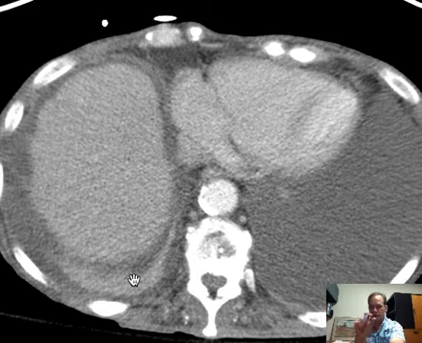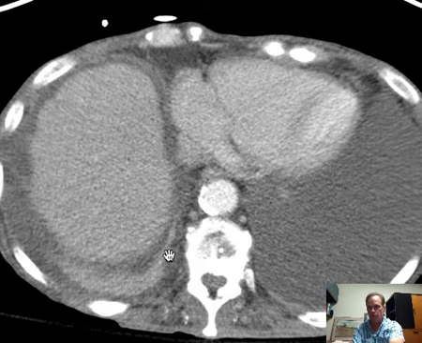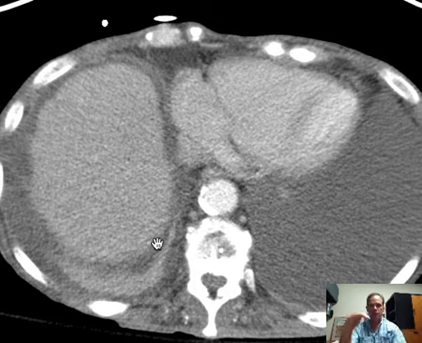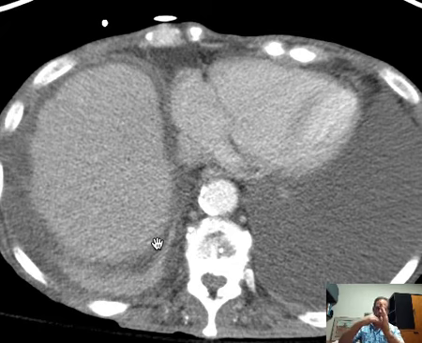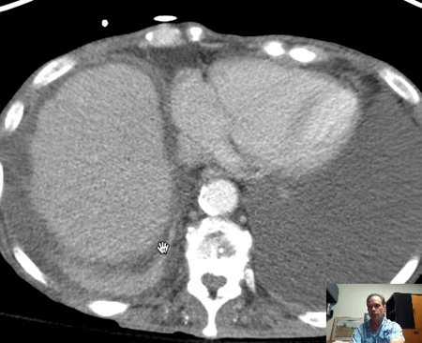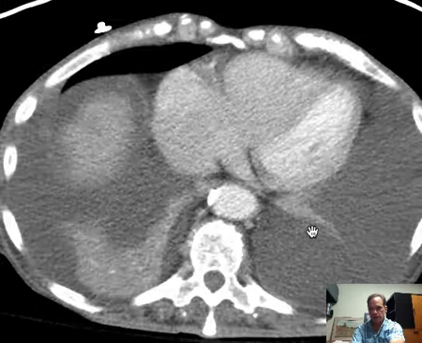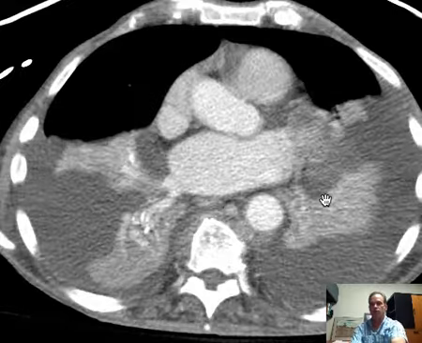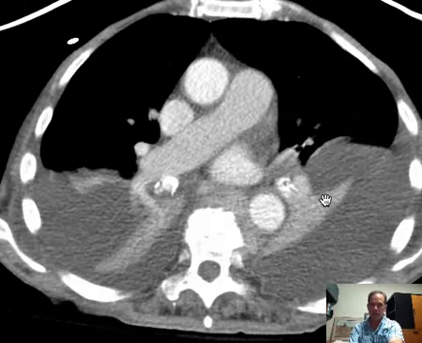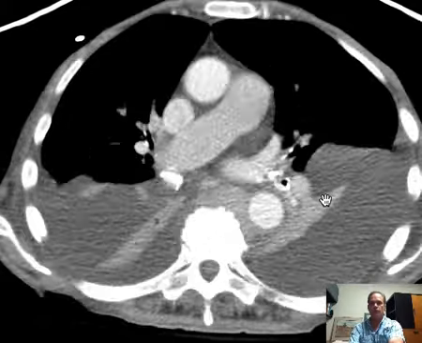Posterior costophrenic recess is that little curved, boundaried portion of the right hemithorax where the posterior part of the lung fits down in here. This side has more fluid, and so this lower lobe, on the left, is more fully atelectatic, more fully collapsed. So those are the lower lobes.